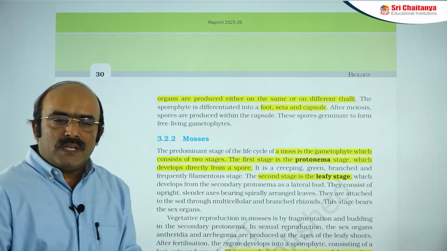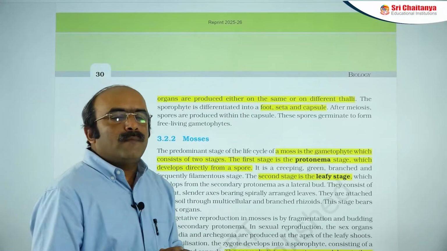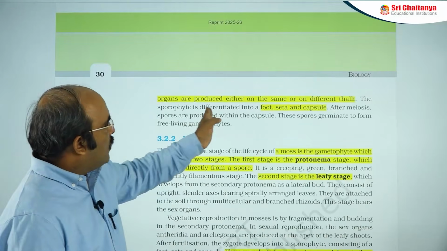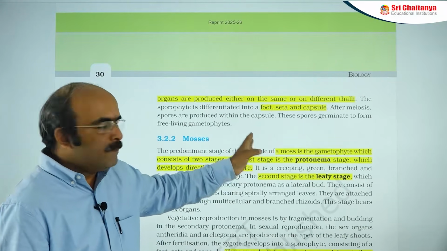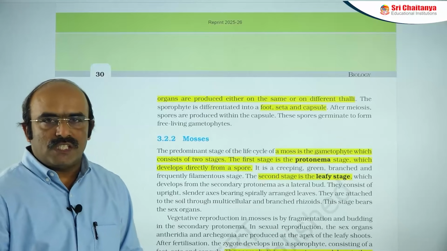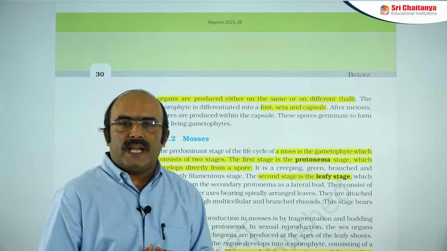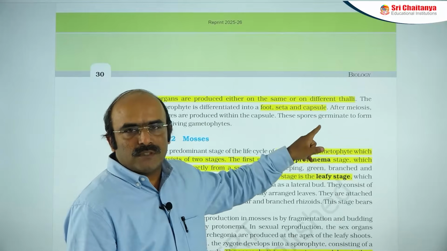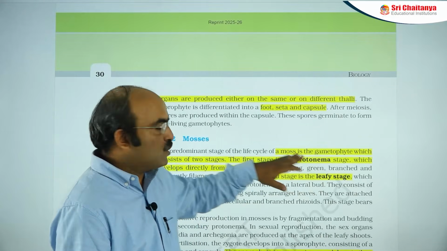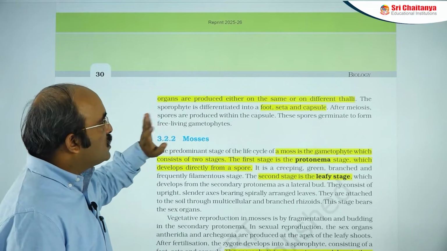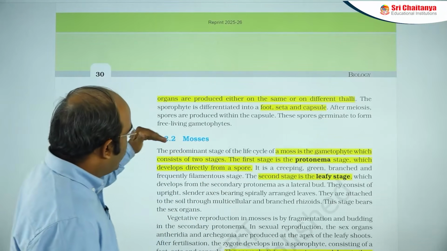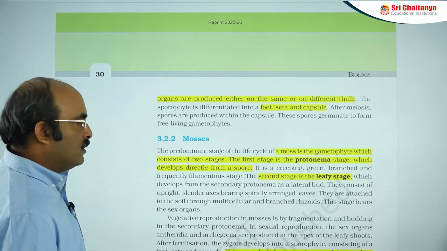When fertilization is completed, on the female thallus you would observe the development of the sporophyte, which is divisible into foot, seta and capsule. The capsule will have spore mother cells, which after meiosis produce spores. The spores germinate into gametophytes. So these are the points regarding the liverworts.